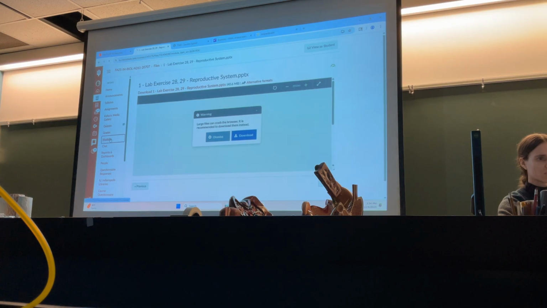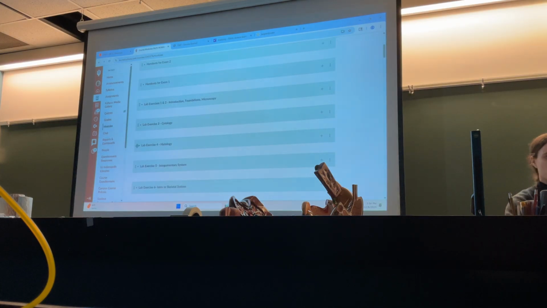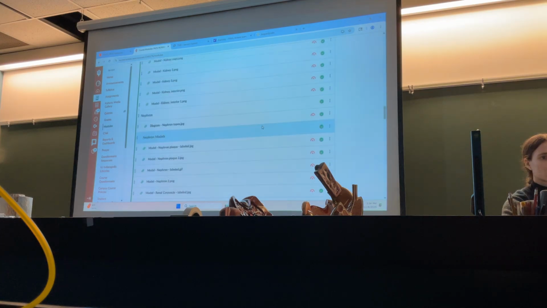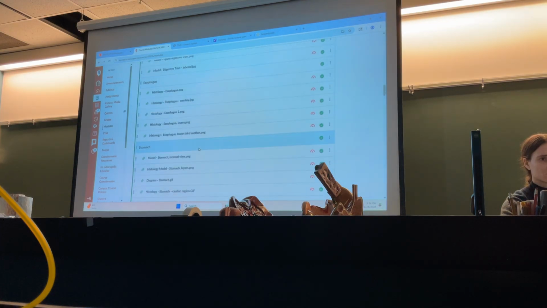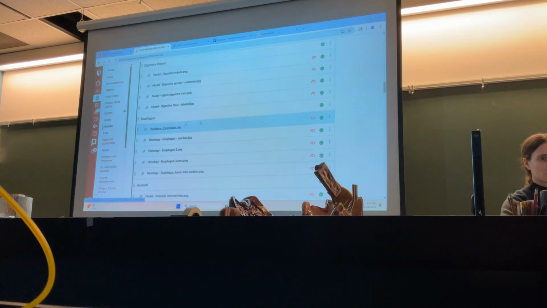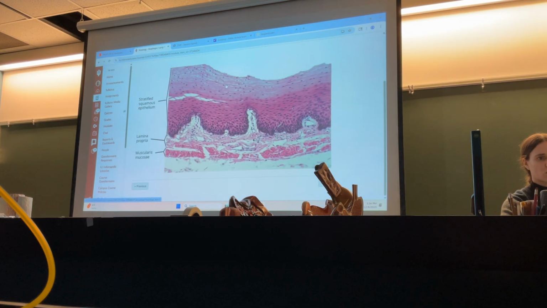Okay, let's look at, there's a lot of histology from the digestive system. Do you guys want to look at that? Okay, esophagus. Remember, you've got stratified squamous epithelium, and then it's going to be a thin layer of muscle right here.